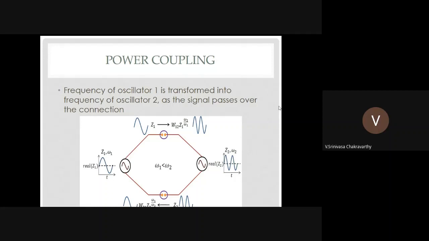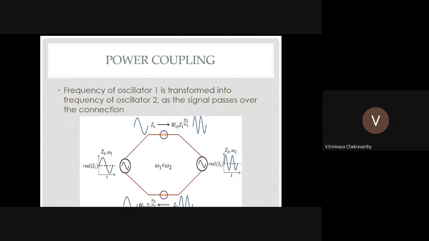By this method, if you want to couple two oscillators, I have Z1 here, the oscillator 1, whose state is Z1 and frequency is omega 1. At the connection from 1 to 2, you have the weight W12, and so normally you have W12 times Z1. That will be the term that shows up in the equation of the Z2 dynamics. Instead of that, here we have W12 times Z1 to the power omega 2 by omega 1.